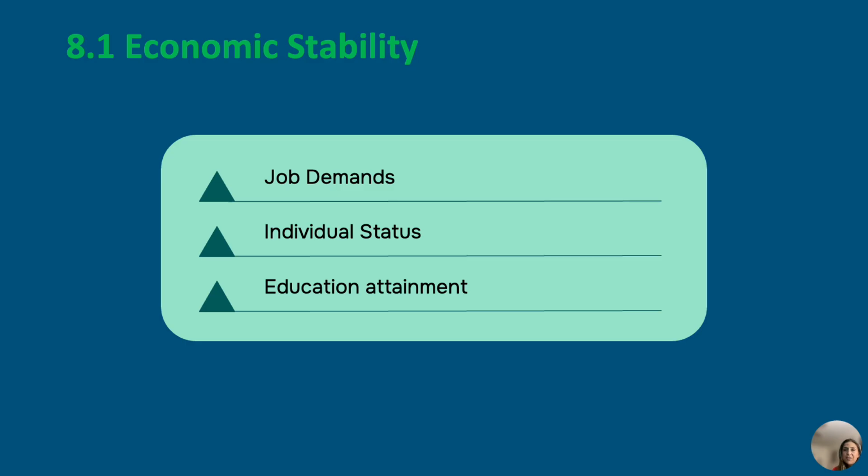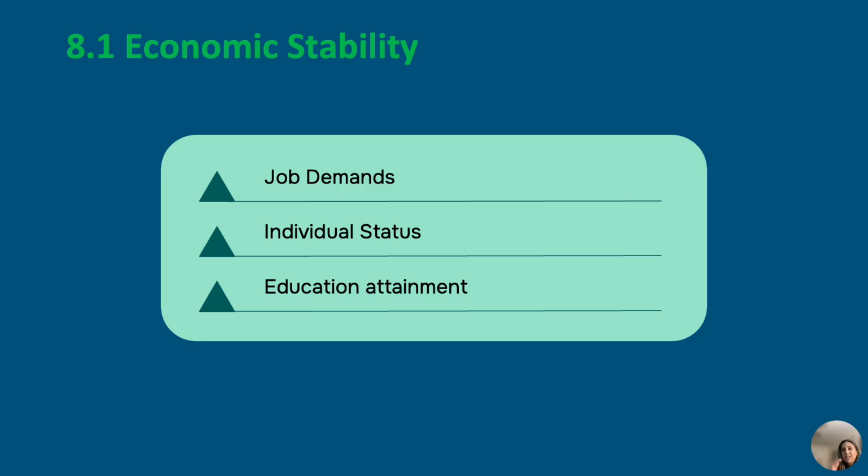The main driver of individual economic stability is the job. So job demands, that work environment, how much are people getting paid, so that compensation, and then how secure is it? That all of that affects someone's health status. And then when we think about their retirement, it also impacts their leaving their work. So we think about their employment.